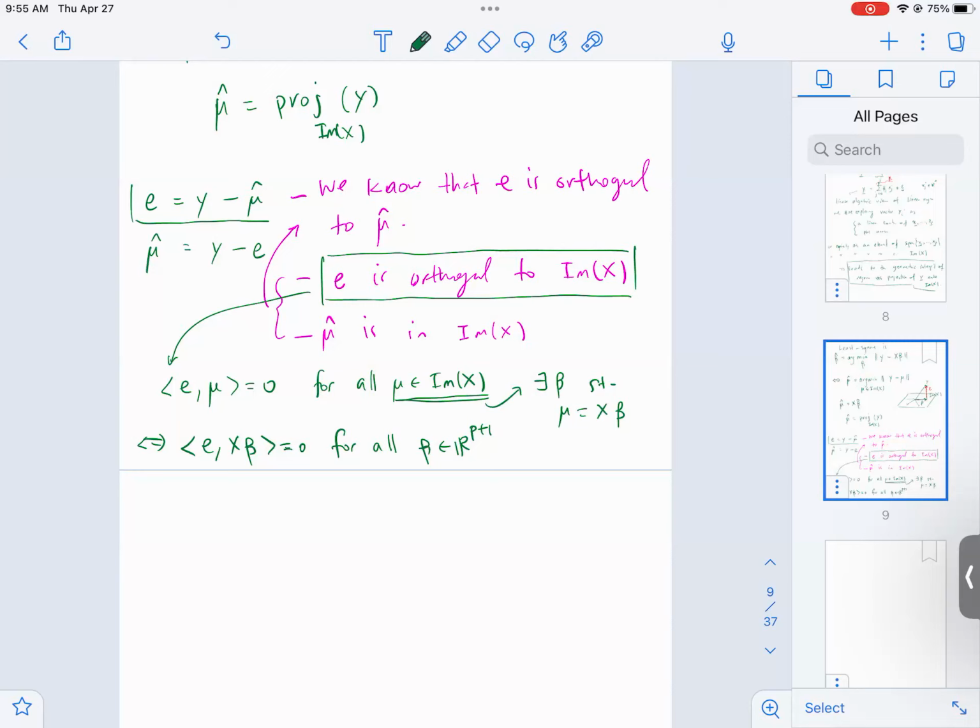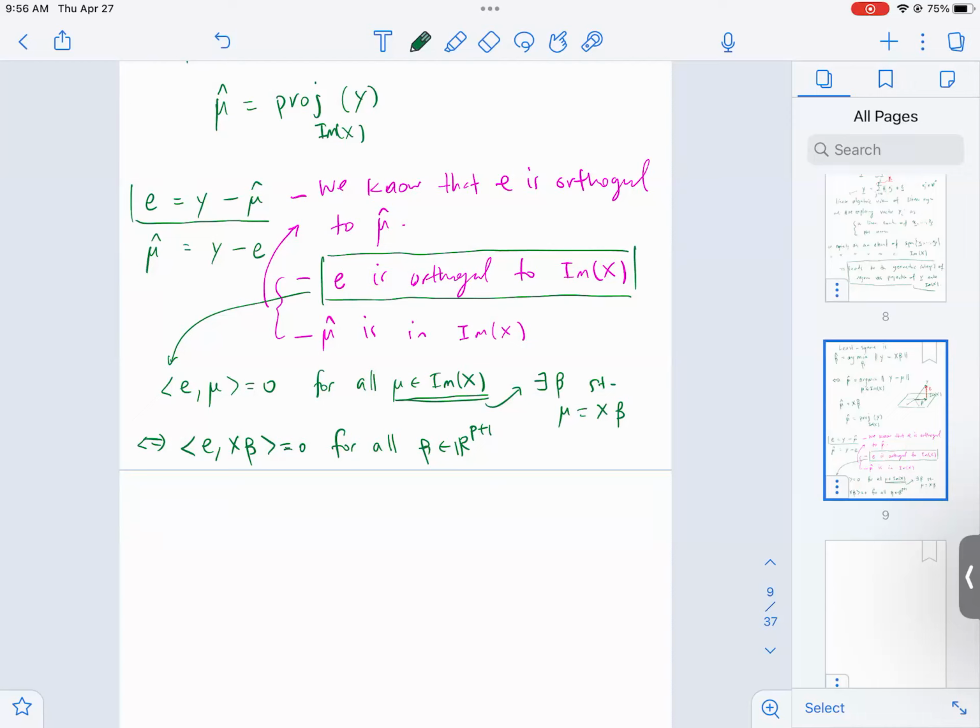So if this holds, this is equivalent to the following. That's sort of clear. I just wrote a generic element like this. Now this has to hold for all beta. Can I simplify this a little bit using transpose?